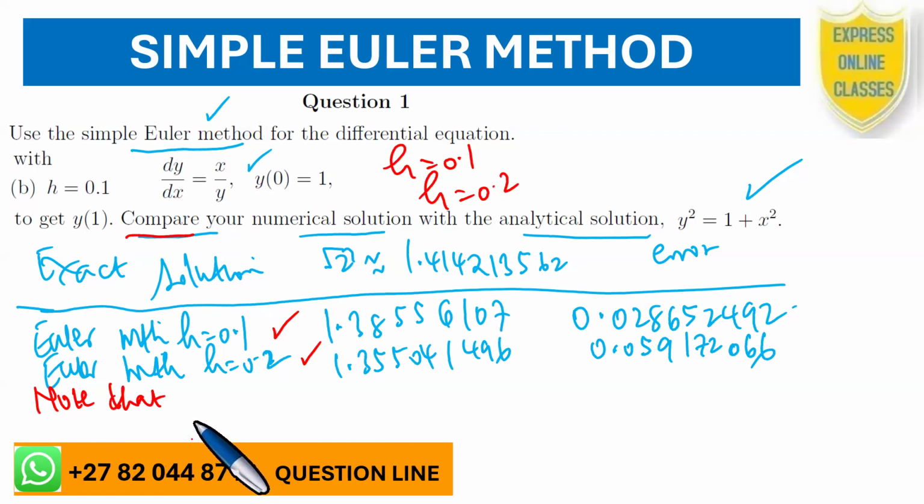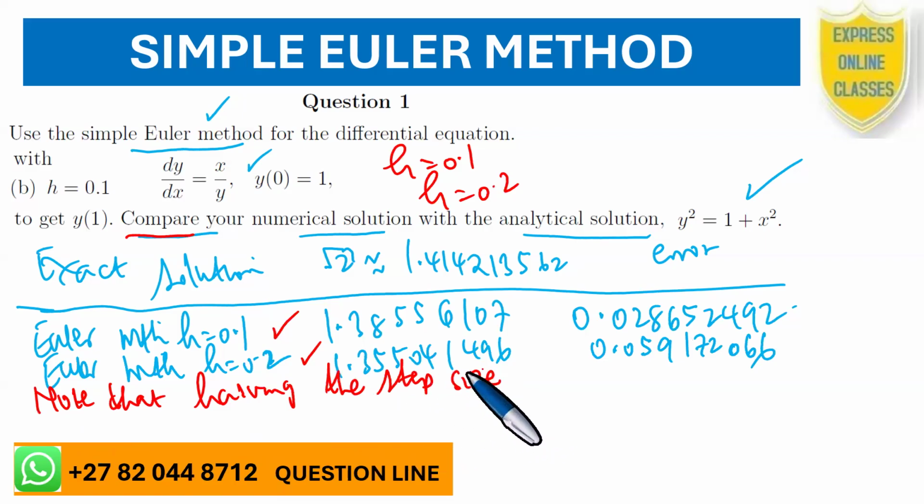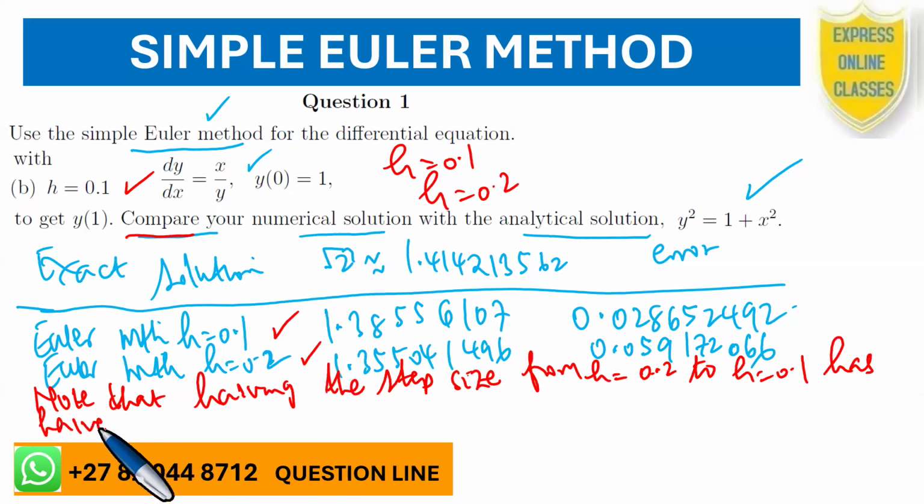We note that having the step size from h equals 0.2 to h equals 0.1 has halved the error. But what is this? This is as expected.